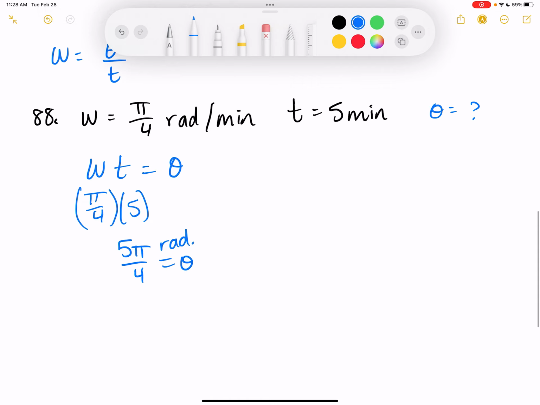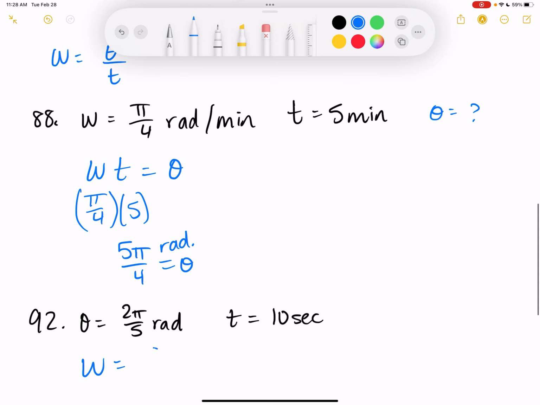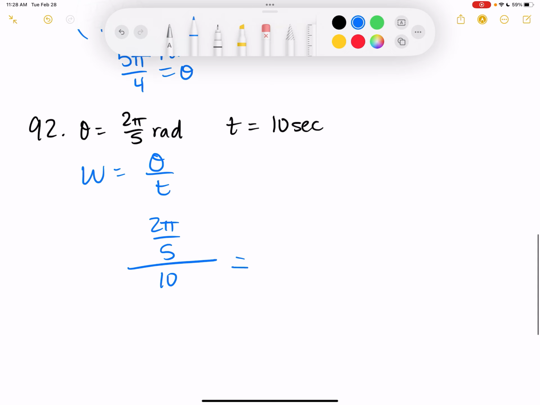And then if you have something like 92, where they give you theta is equal to 2 pi over 5 radians, and T is 10 seconds, then you have the formula W is equal to theta over T. So then you just plug it in. So 2 pi over 5 all over 10, which is the same as 2 pi over 5 times 1 over 10.